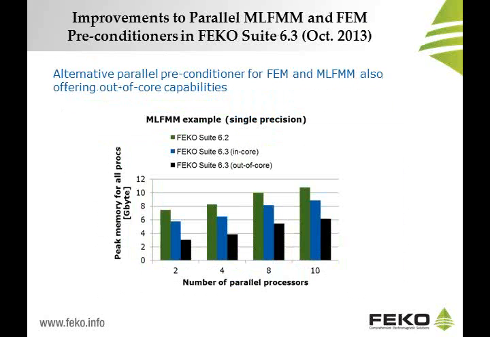And also there we have been doing some improvements and continuously look at other ways of parallelizing the preconditioning. And we have made an extension now also in our latest release, FEKO Suite 6.3, in October last year, where we added another parallel preconditioning option to our finite element and multi-level fast multipole solutions, which firstly gives better scaling of the memory, and secondly, also has an out-of-core option.